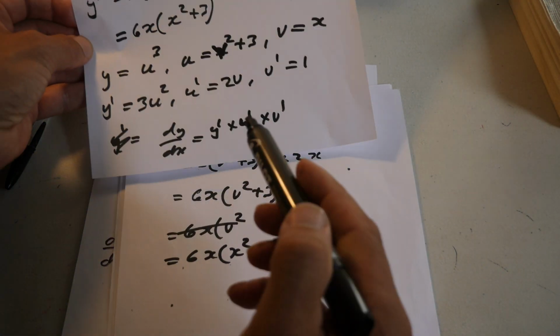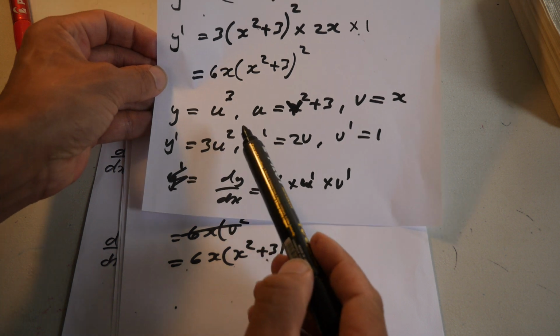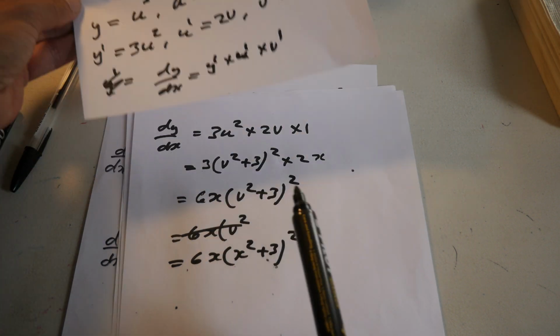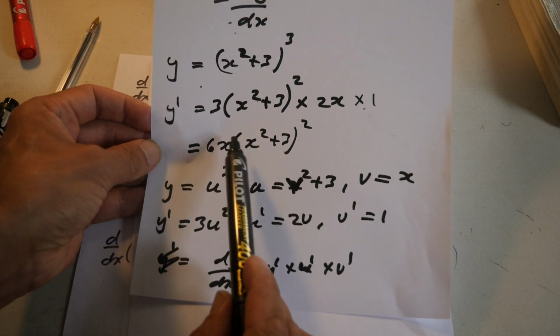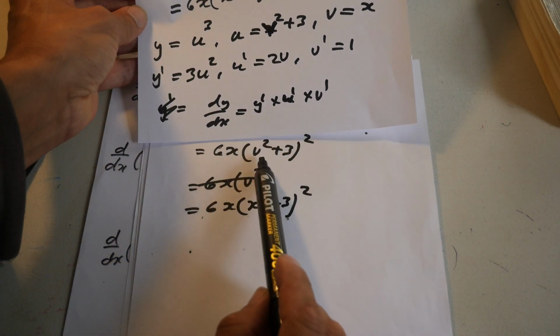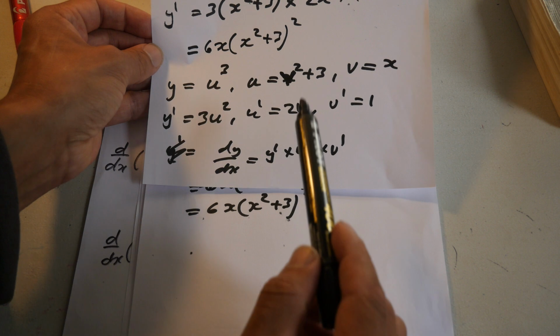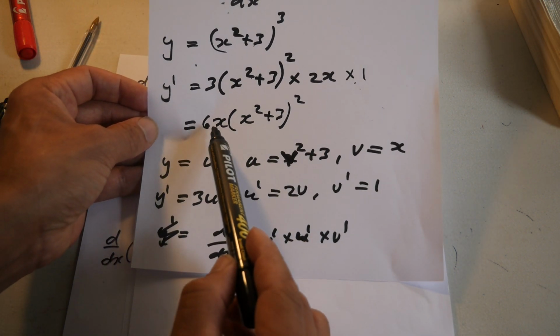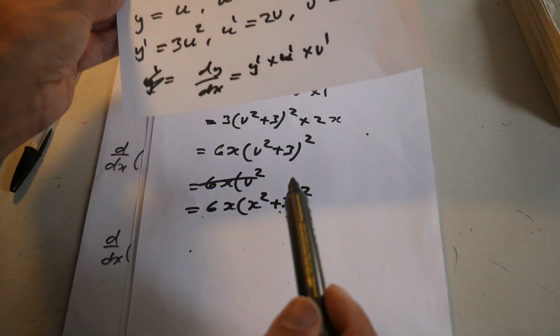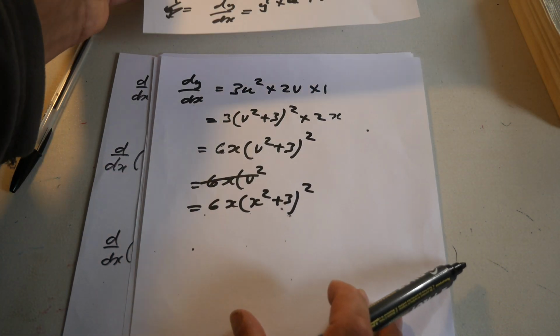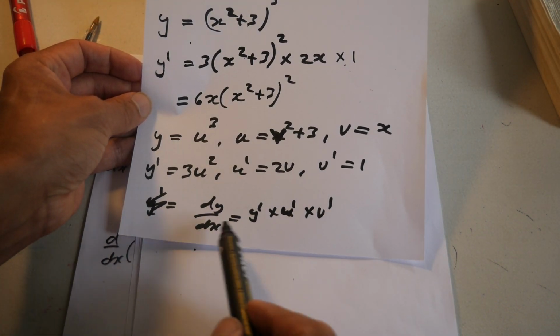So I worked it out in a more formal way, and I come to this answer, which is equal to the original answer, 6x times x squared plus 3 in brackets squared, same thing, okay? So this is a more formal way of doing it.